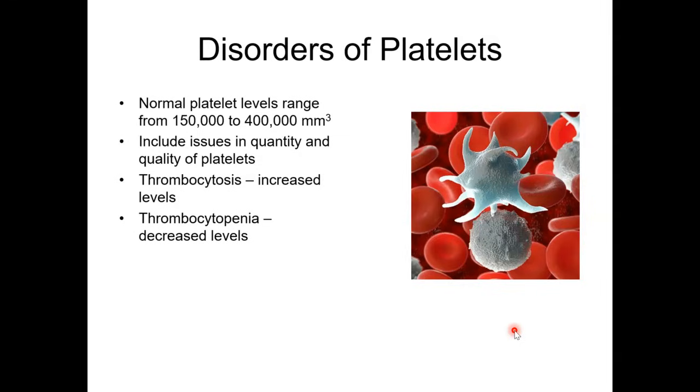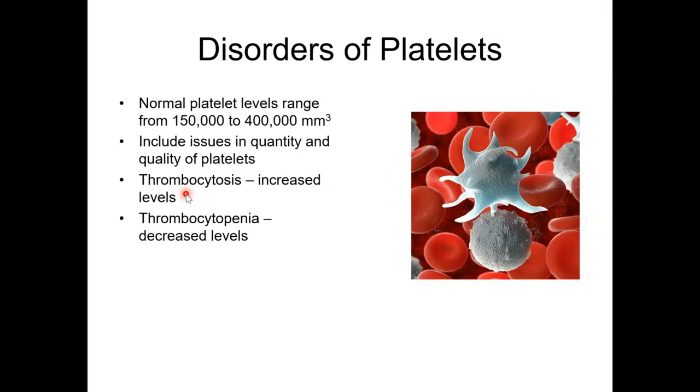So normal platelet levels are important to know. And again, it depends on the lab that you're using, but in general, about 150,000 to 400,000. When we have a disorder of a platelet, it can include issues in quantity of platelets, quality of platelets, or actually both.